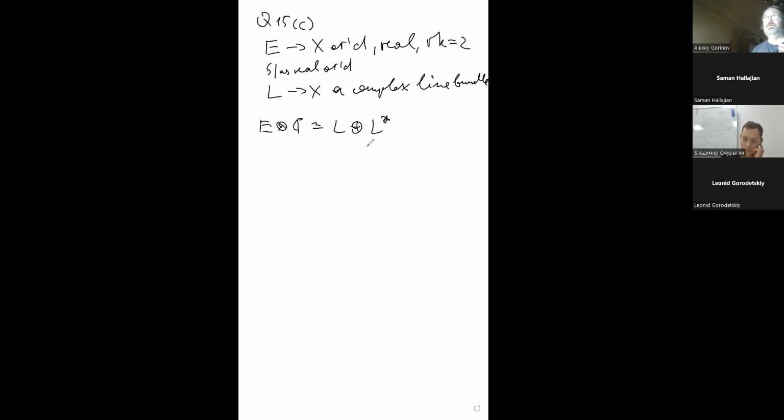Now I want to define alpha, which is a map of vector bundles, and alpha squares to 1.